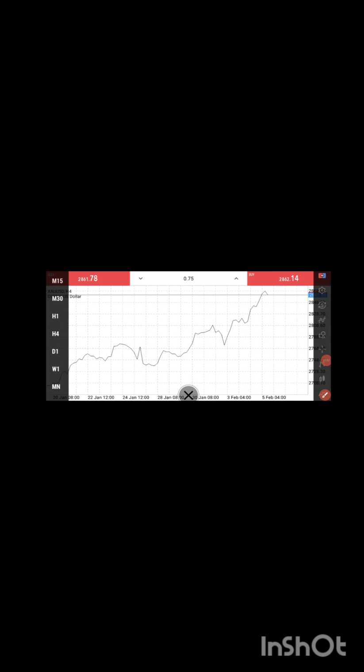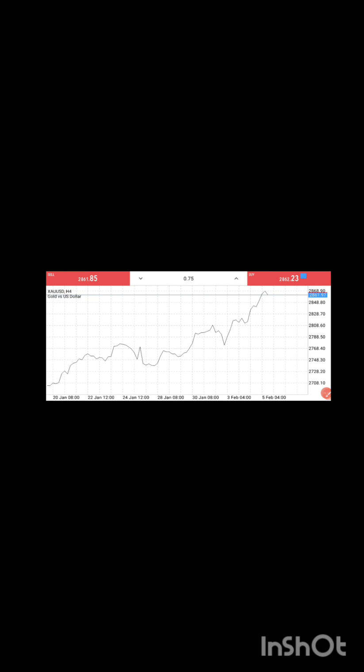Now we want to define the block. Just select a block that you want to define. I'm going to select this block, and make sure you mostly select blocks that are along the trend, the main trend, and not the one that is against the trend.